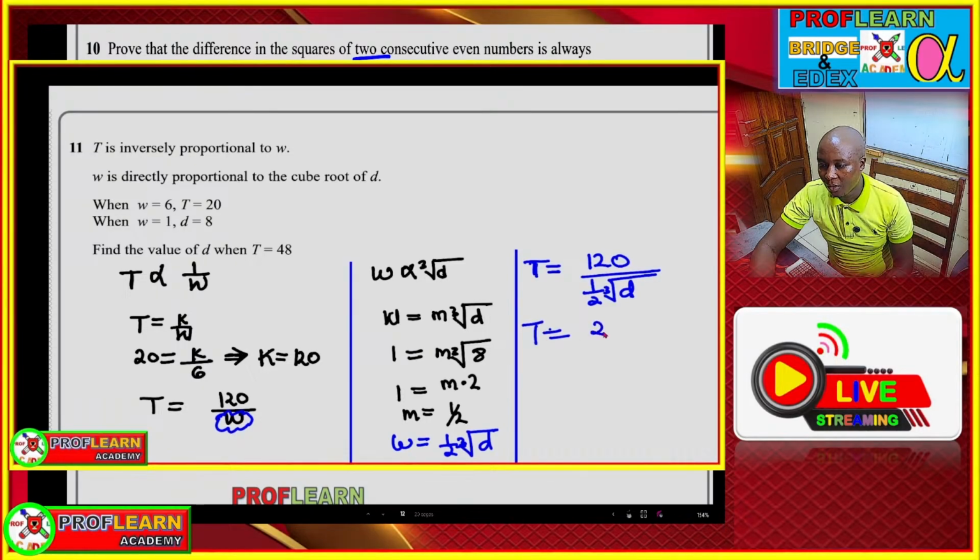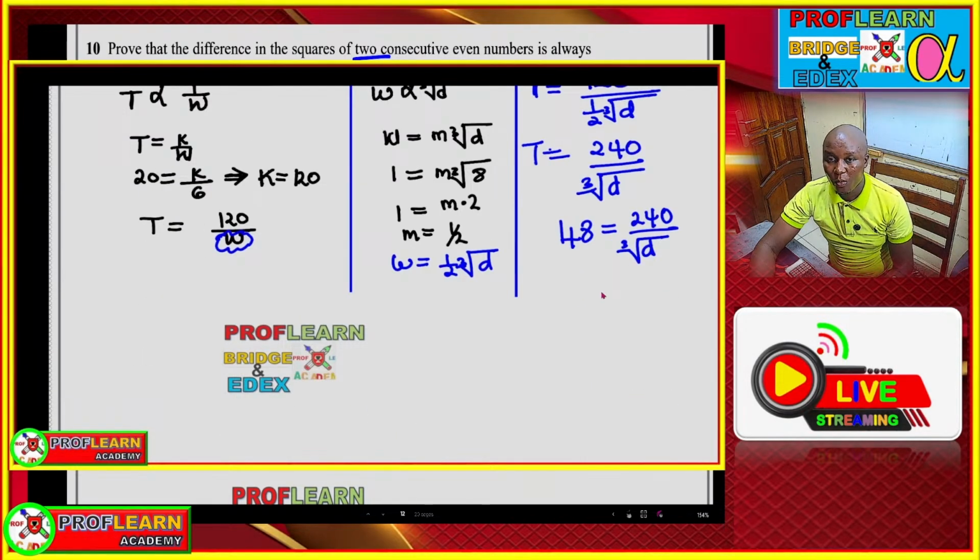But now, of course, if you take 120 divided by a half, it is going to be 240. Then we shall have 48 is equal to 240 over cube root of d. So we are trying to find the value of d when t is 48.